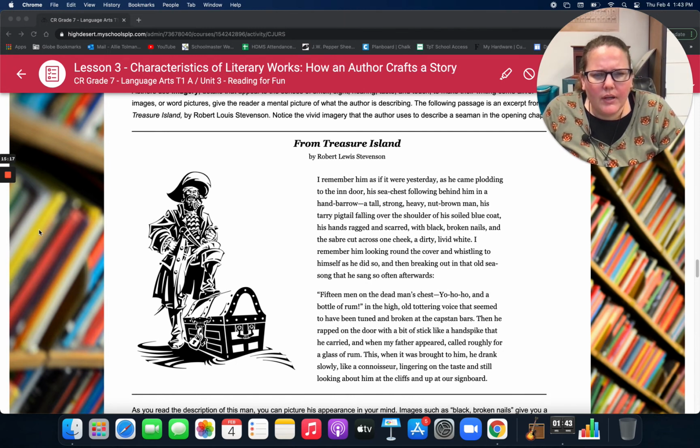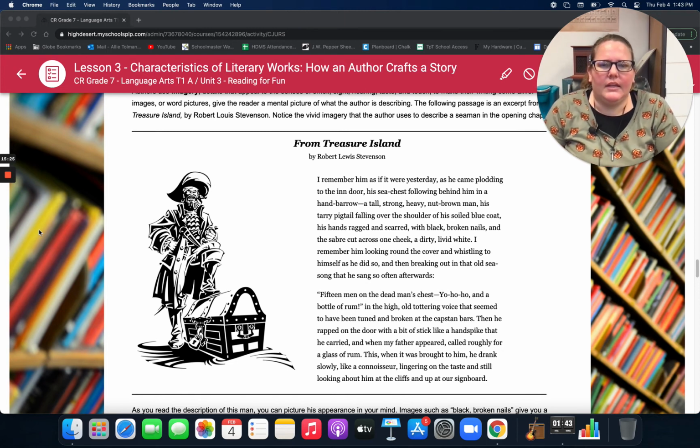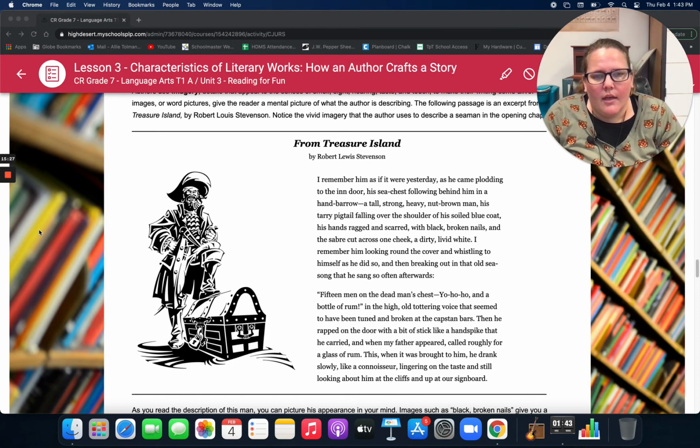I remember him looking around the corner and whistling to himself, and then breaking out into the old sea song that he sang often afterwards. Fifteen men on a dead man's chest, yo-ho-ho, and a bottle of rum. And the high old tottering voice that seemed to have been tuned and broken in at the capstan bars.